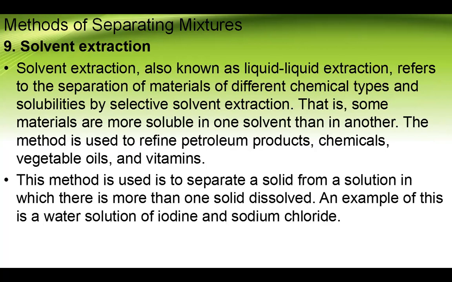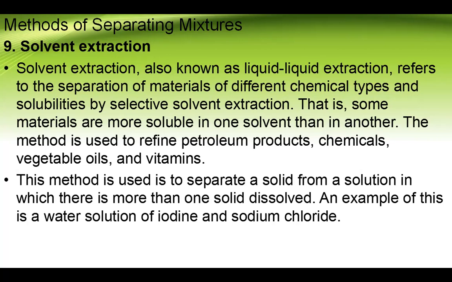The ninth one is solvent extraction. This is also known as liquid extraction, which refers to the separation of materials of different chemical types and solubilities by selective solvent extraction, so that some of the materials are more soluble in one solvent than another.